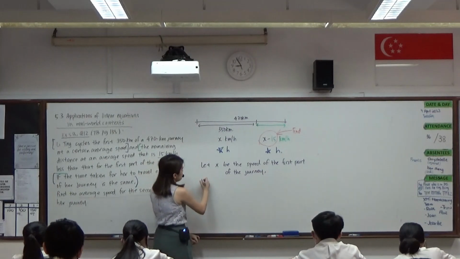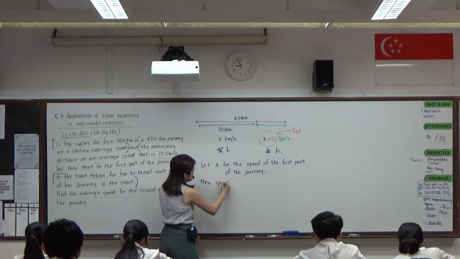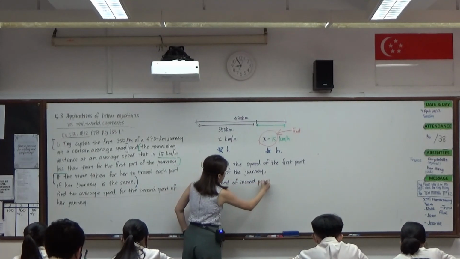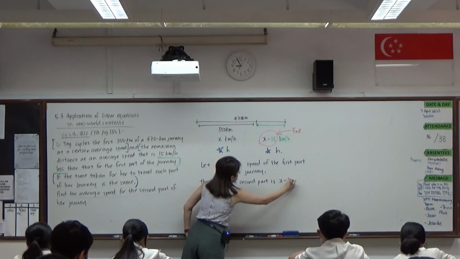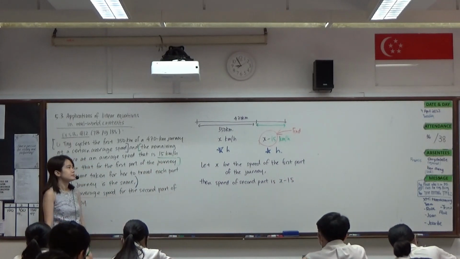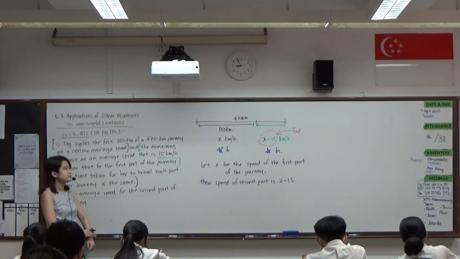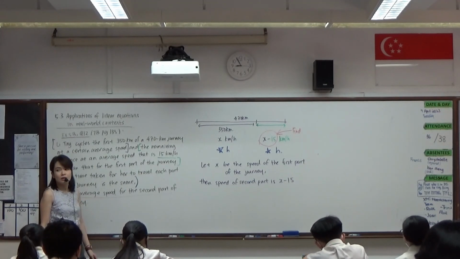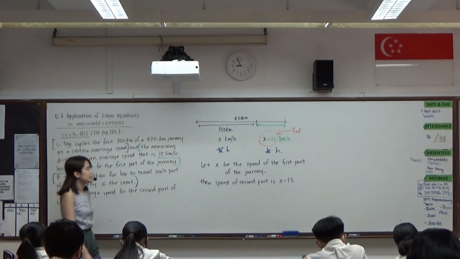Then the speed of the second part, we can tell that it's x minus 15.